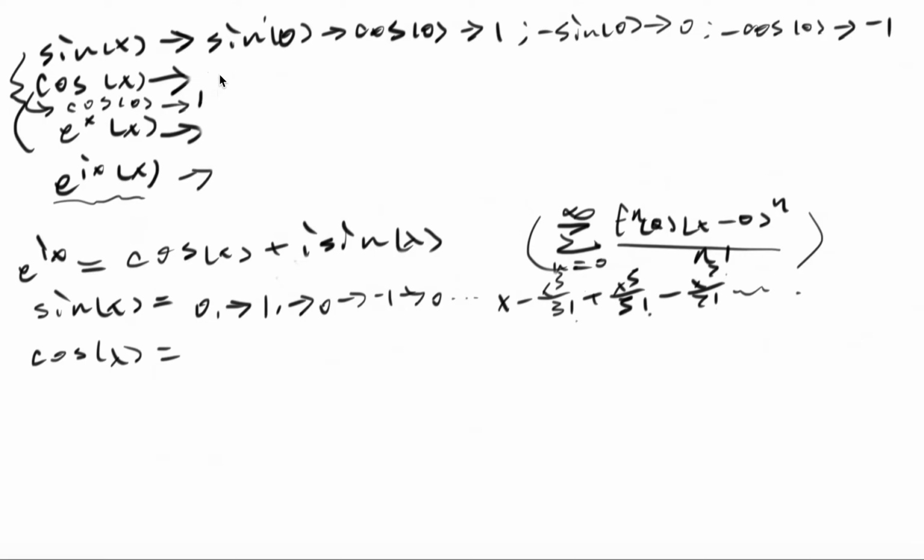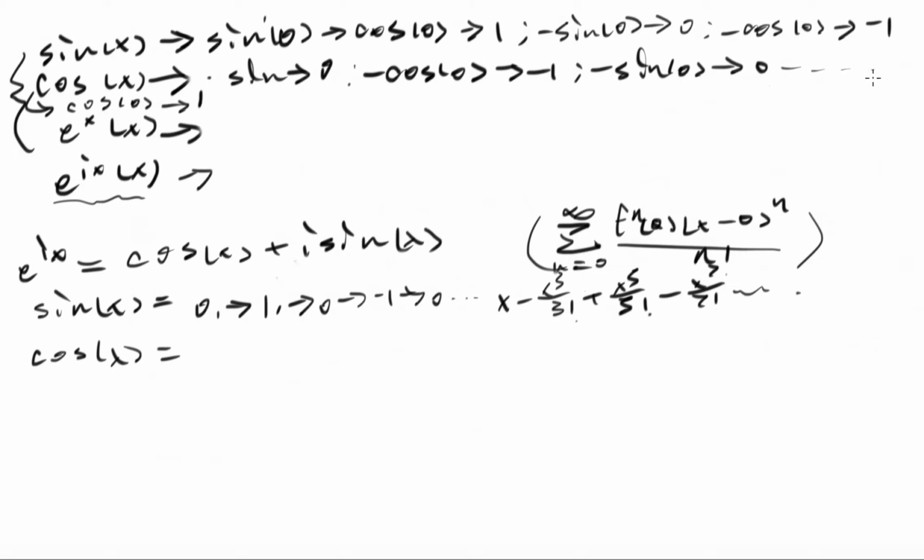And cosine derivative, which is negative sine, is 0. And negative cosine at 0 is going to be negative 1. It repeats. And the next derivative is going to be negative sine at 0, which is 0.